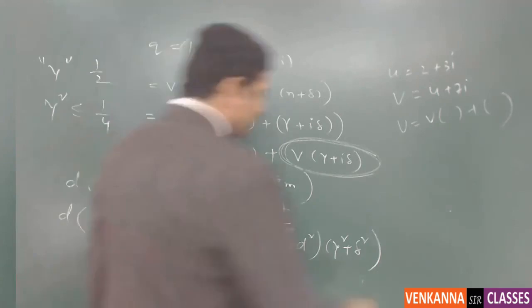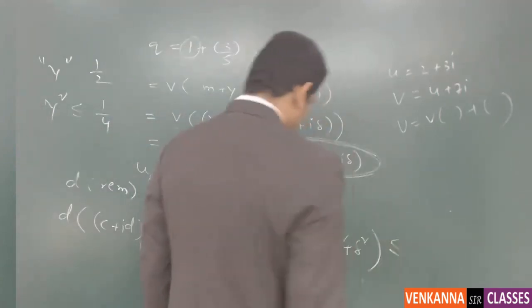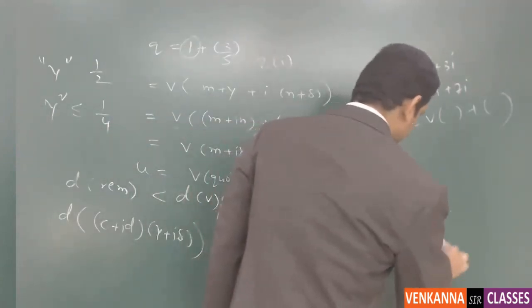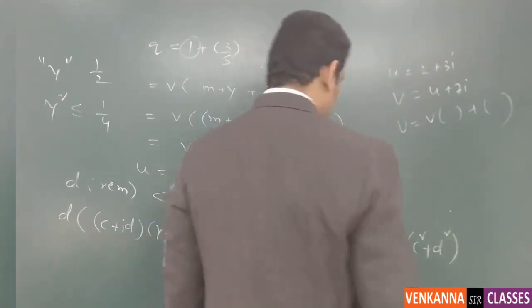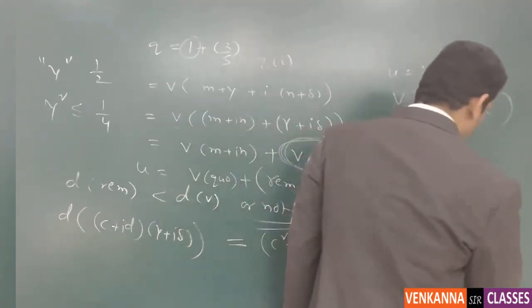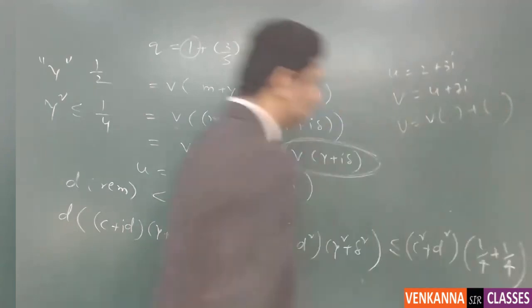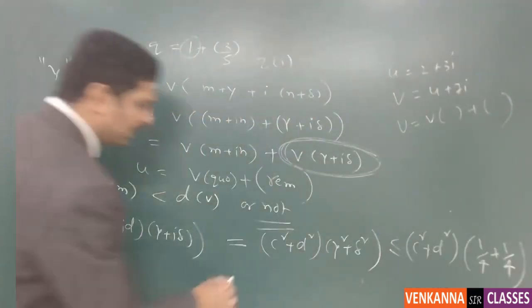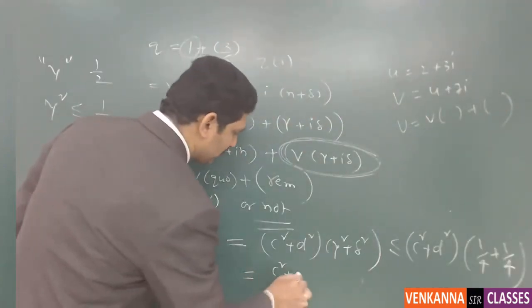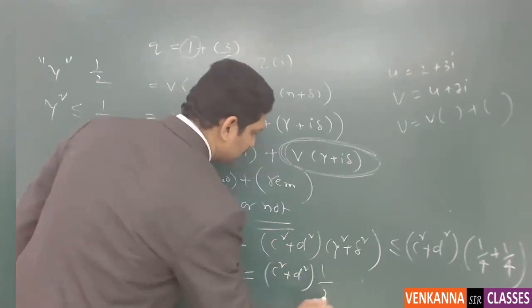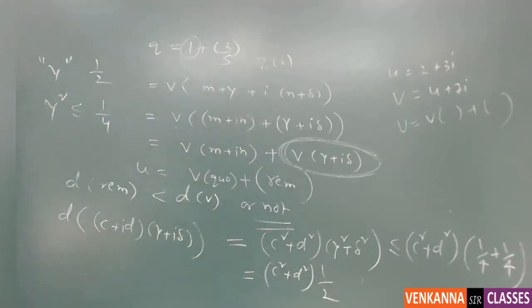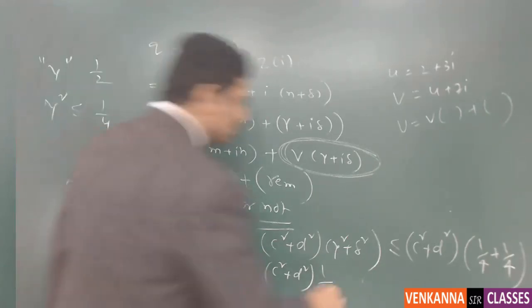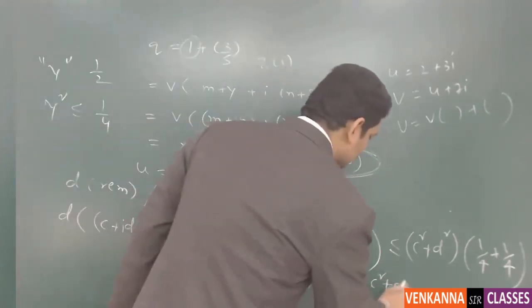So you can say that this value is less than or equal to (c square plus d square) into (1 by 4 plus 1 by 4). That is nothing but 1 by 2. So this is equal to (c square plus d square) into half. Since half is always less than full, this is less than c square plus d square.